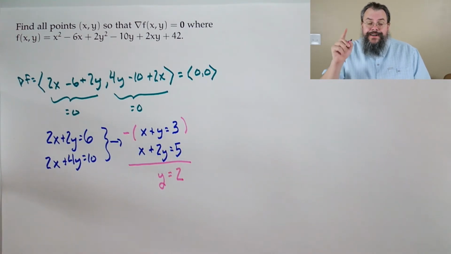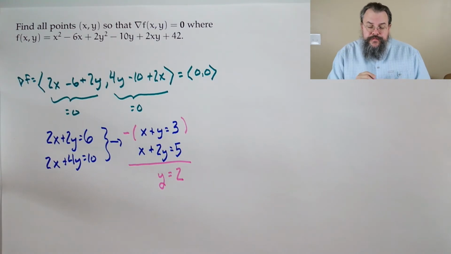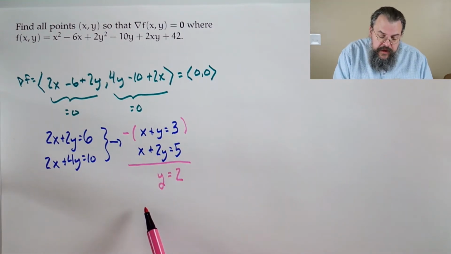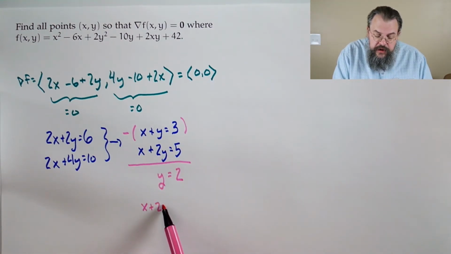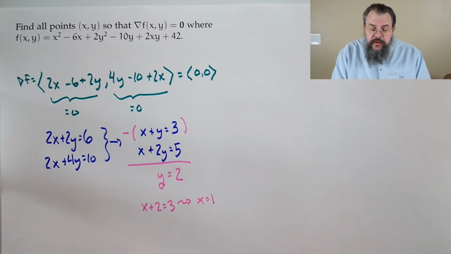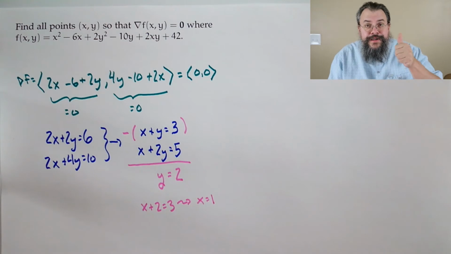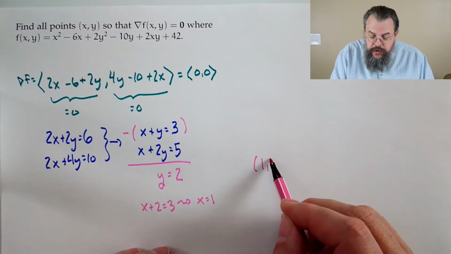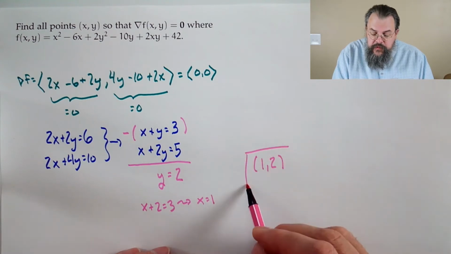So we get, aha, y equals 2. Well, now you know that y equals 2. What do you do? Well, you can substitute. That says x plus 2 equals 3, so we get x equals 1. And therefore, there's only one solution. And so we get the single point 1, 2.